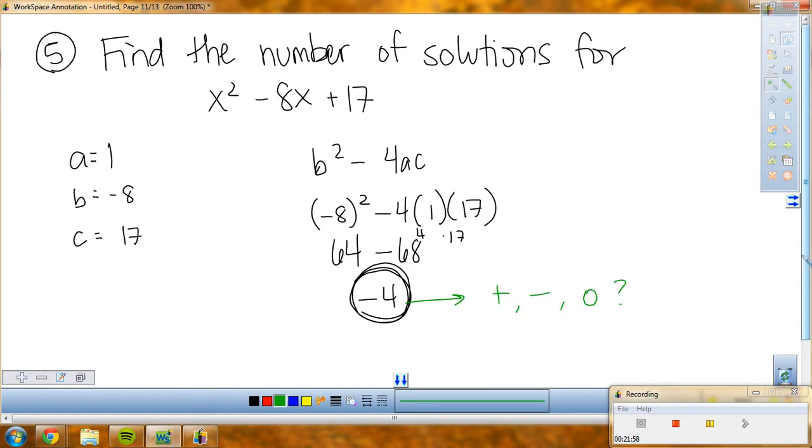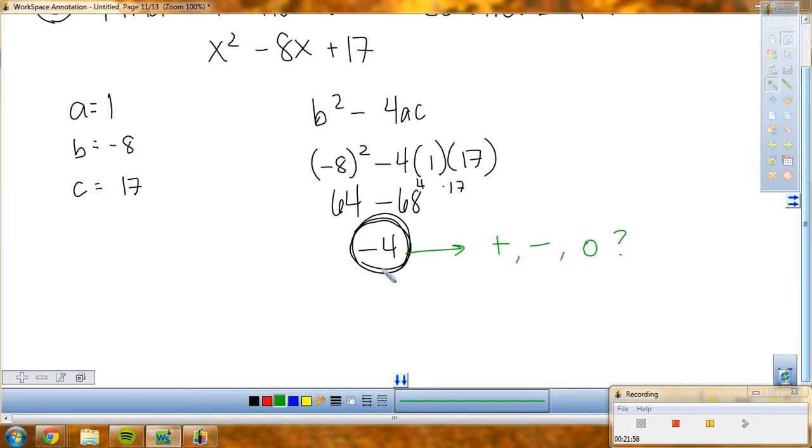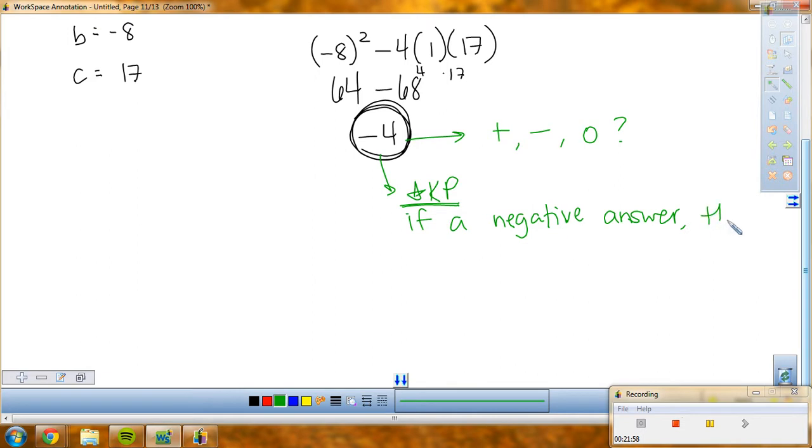And finally, we get the last case. All right, a key point. If a negative answer, then you have no real solutions.